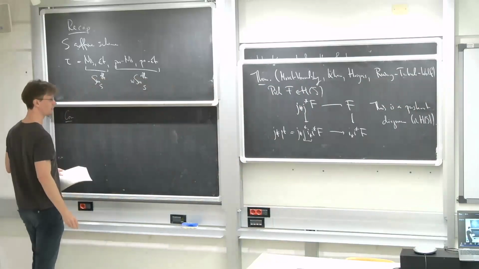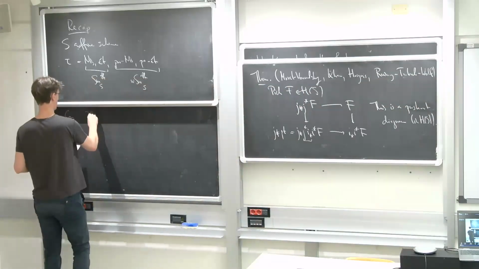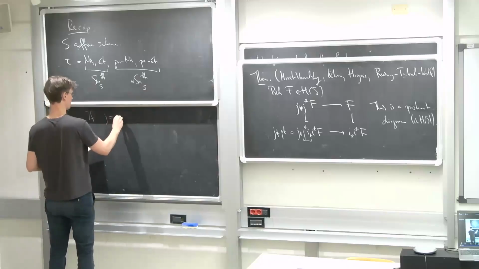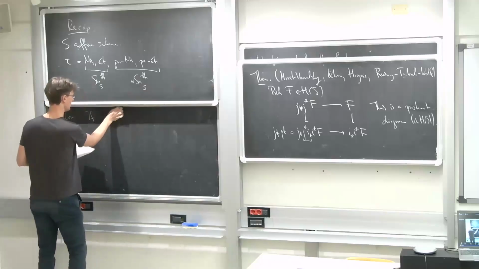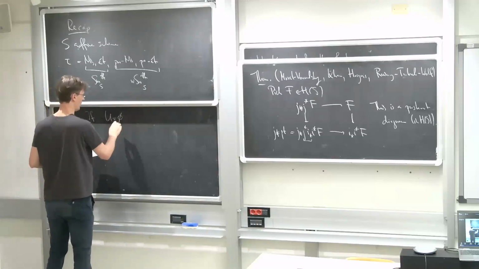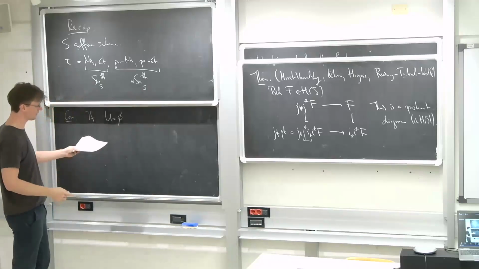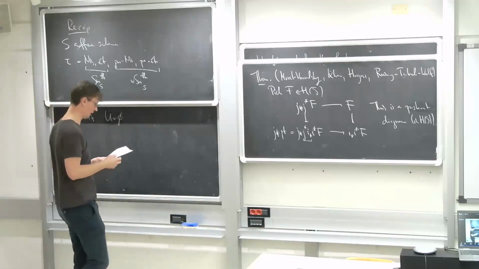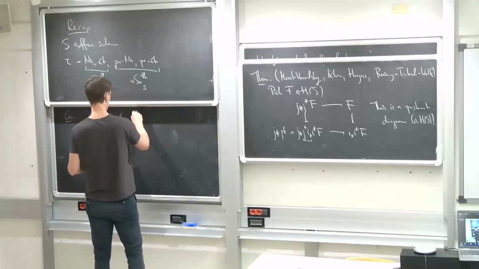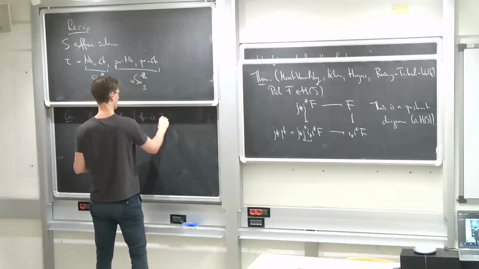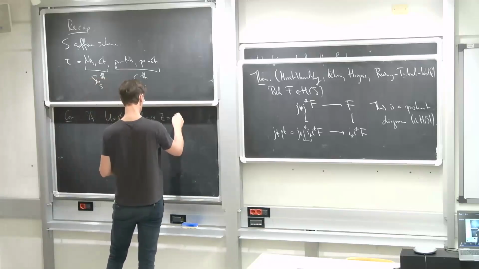The most obvious corollary is the following. If U is empty, that means Z and S are isomorphic up to reduced subschemes. So for example, Z is, here in the notes it's a different letter, but let's say S reduced.